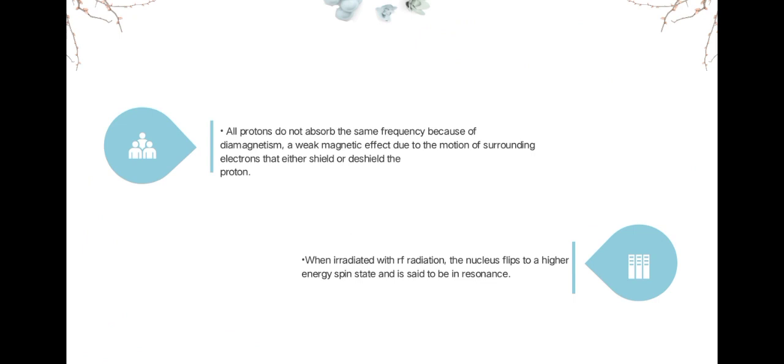All protons do not absorb the same frequency because of diamagnetism, a weak magnetic effect due to the motions of surrounding electrons that either shield or deshield the protons. Now, when irradiated with radiation, the nucleus flips to a higher energy spin state and is said to be in resonance.